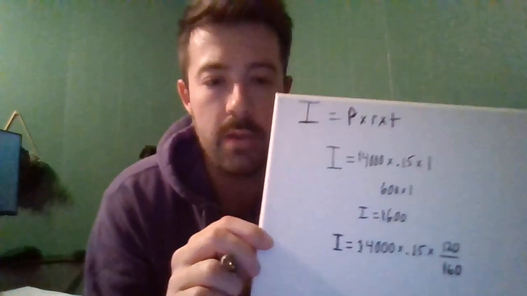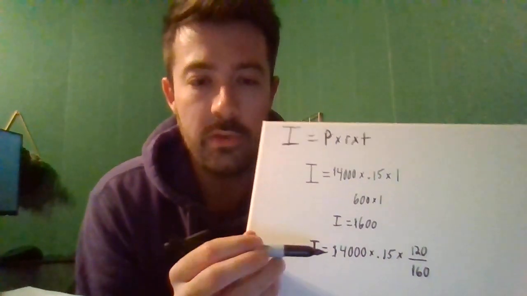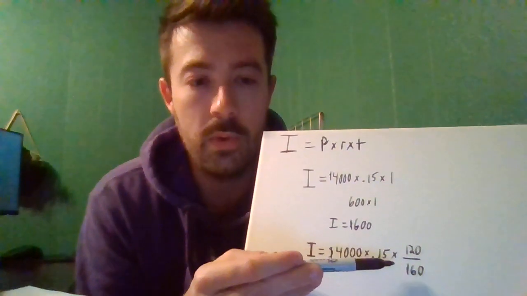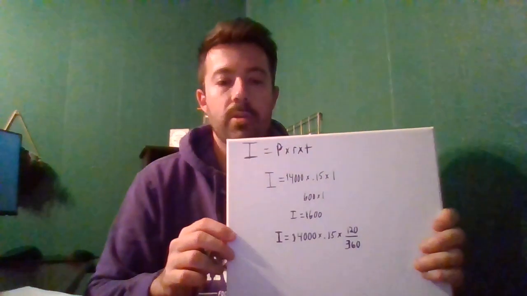That is what we're looking at right now: the interest, the principal, the rate, and the time. 120 over 360 is what we equal out to a year. So now we'll take this 120 over 360 and reduce it, and that comes out to 1/3.